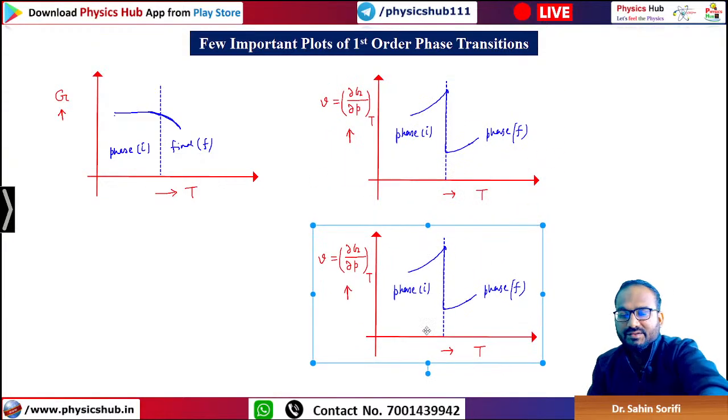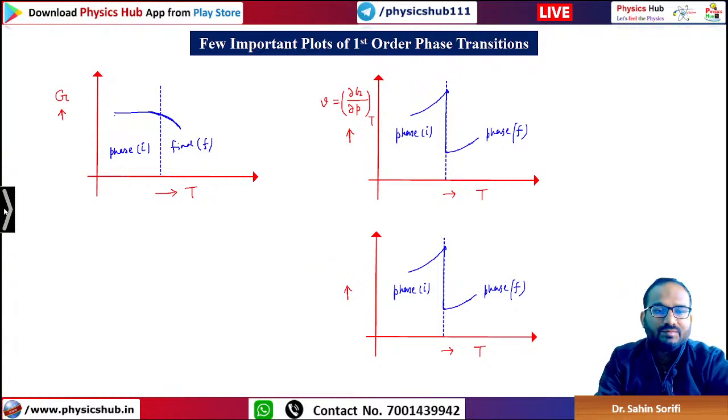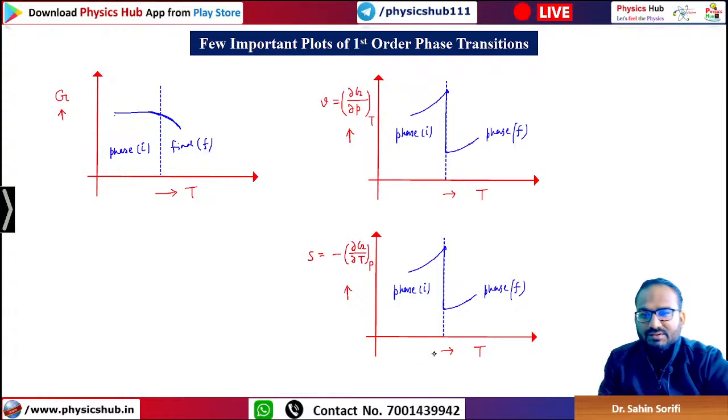Now if we plot it for the molar entropy, this one we have plotted for molar volume. For molar entropy we have to use this formula, S is equal to minus del G by del T at constant P, versus temperature.